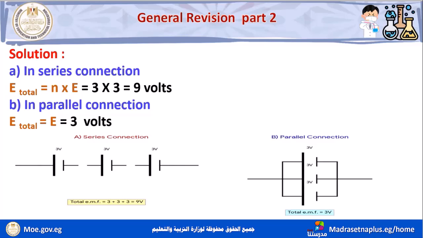N is the number of electric cells, 3, times 3, the electromotive force of one, equals 9 volts. Letter B, in parallel connection, total electromotive force equals the electromotive force of one of them, equals 3 volts.